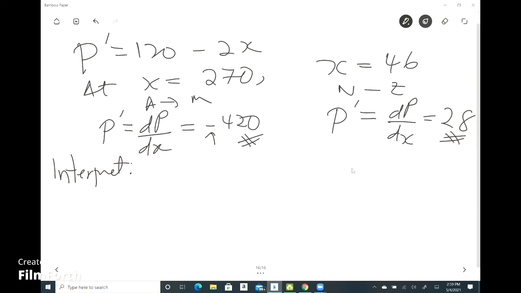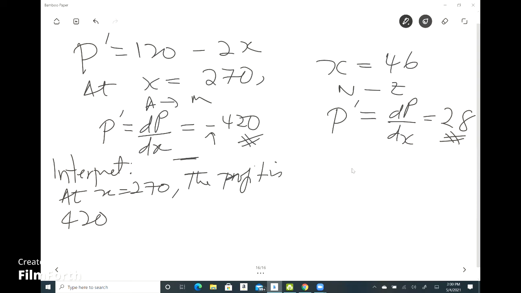Okay, this one. If the product is 270, the profit is negative 420. Okay. So at X equal to 270, the profit is 420. That is far off. Fatin, do it again. This is very wrong.